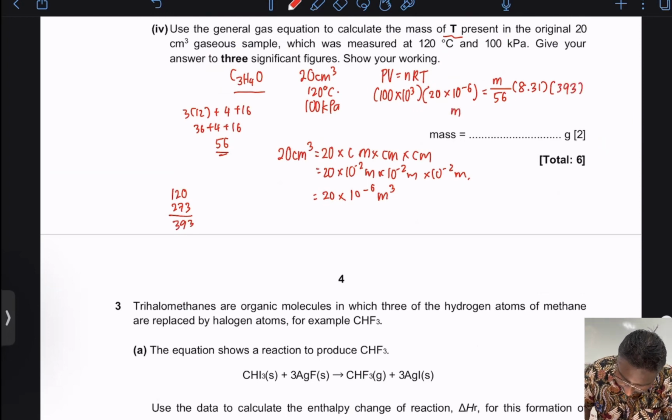So the mass, you help me to calculate there. 56 times 10 to the power of 5 times 10 to the power of negative 6 times 20 divided by 8.31 times 393.